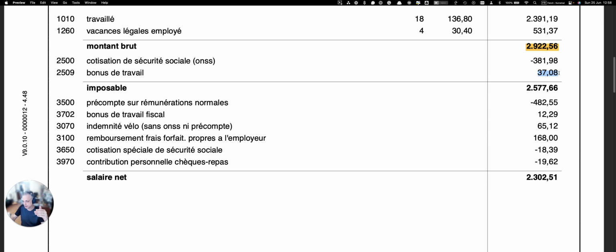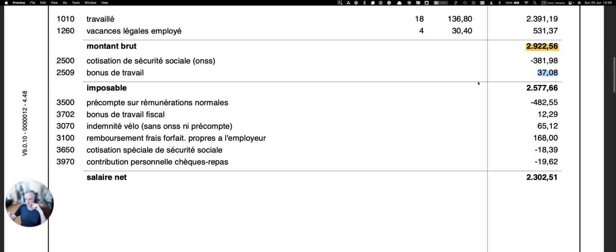Because the more you are paid, the more difference you will get between your level of salary and what you would get if you were jobless on unemployment benefit.